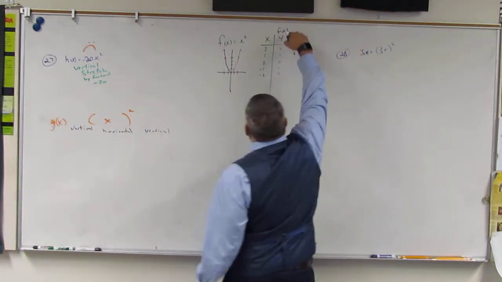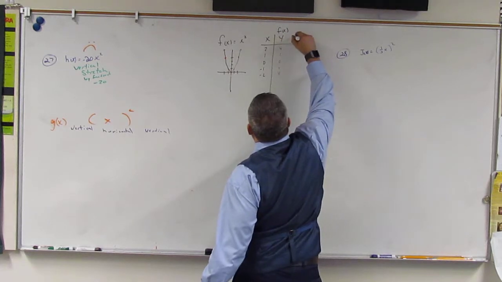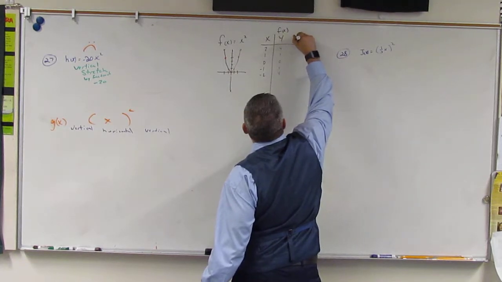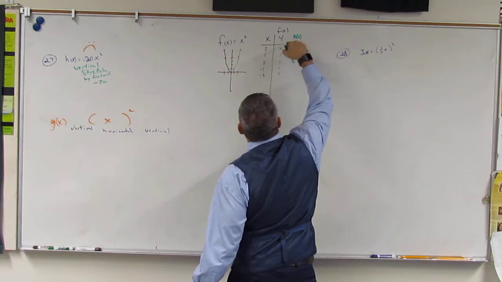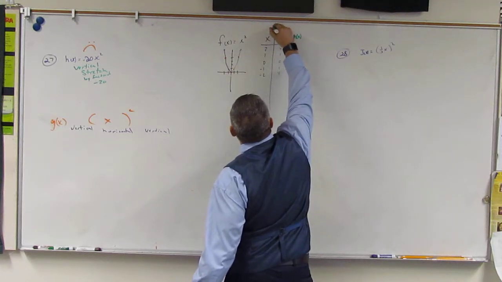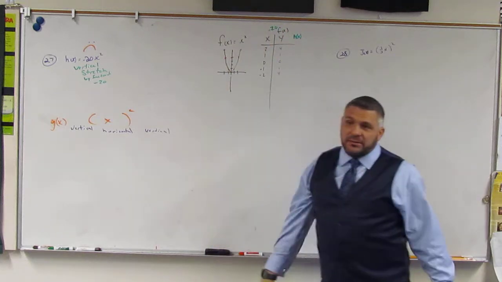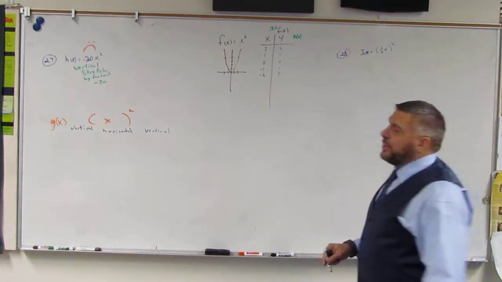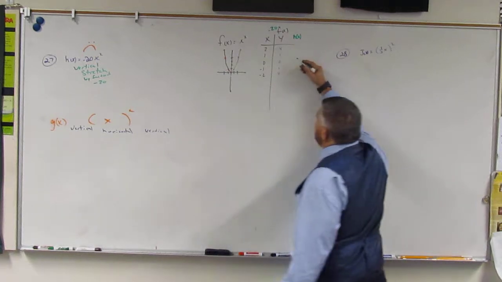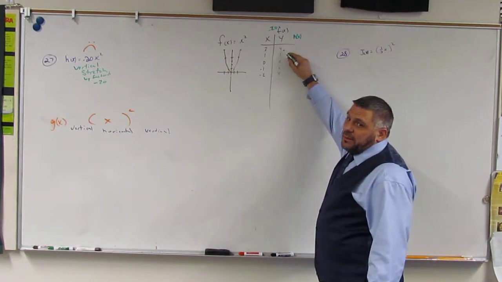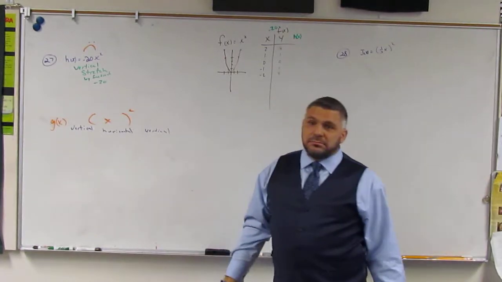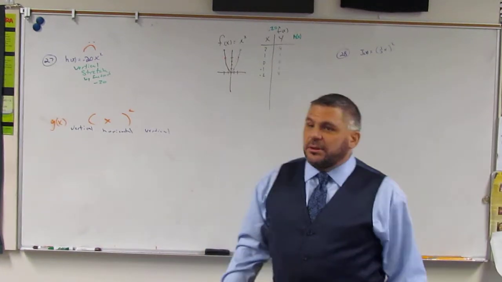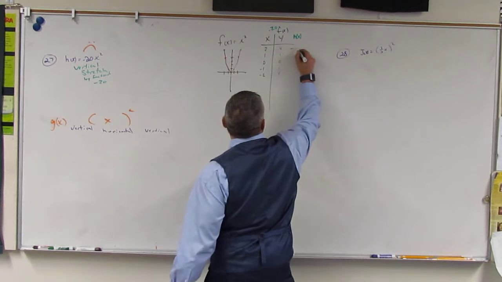All right. So we're taking that f of x and we're going to find h of x. Right? By doing what to f of x? By multiplying by -20. So what's -20 times 4? Come on. -80.